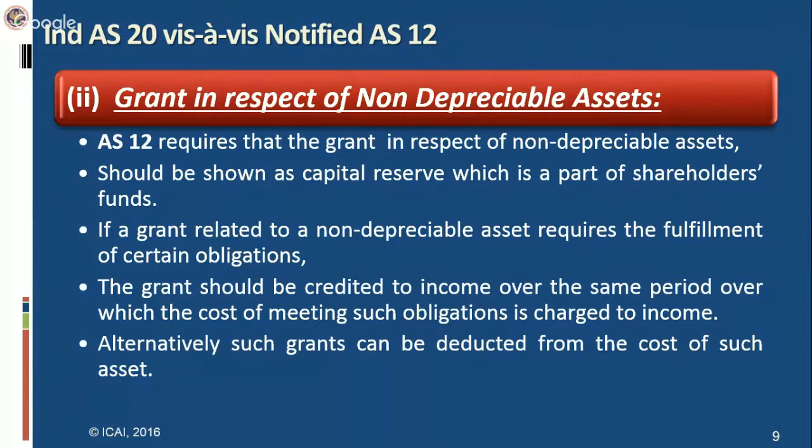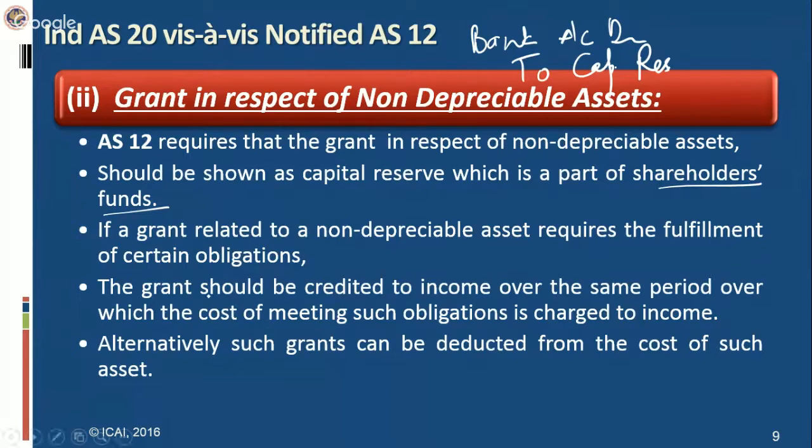So when you are getting a grant in respect of a non-depreciable asset, your entry will be bank account DR to capital reserve. And what is shareholders fund? Shareholders fund is capital plus reserves and surplus. So since it is a reserve, it will be part of shareholders fund.